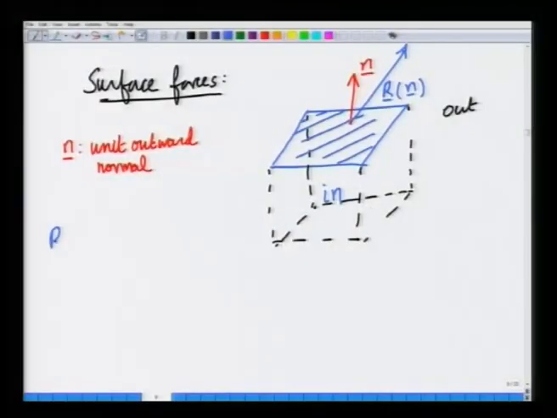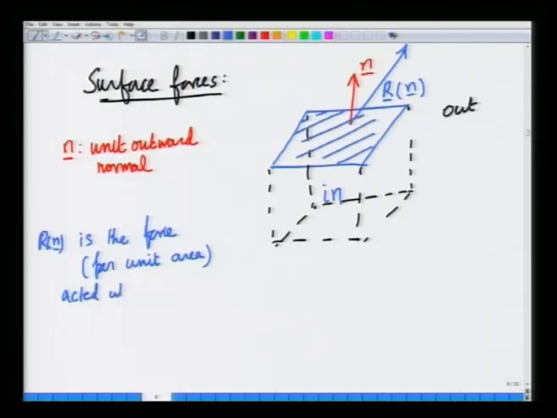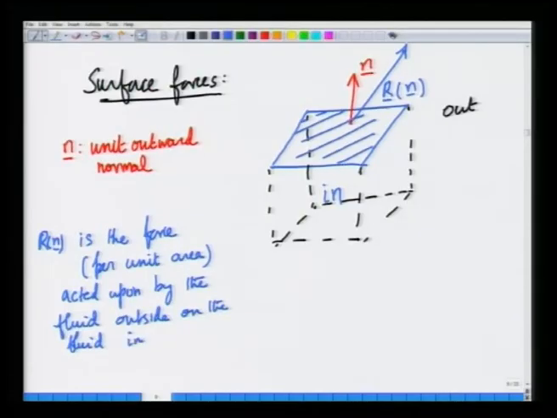R is the force per unit area, and R is a function of n, so let us write this as R of n. R of n is the force per unit area acted upon by the fluid outside on the fluid inside at the surface.